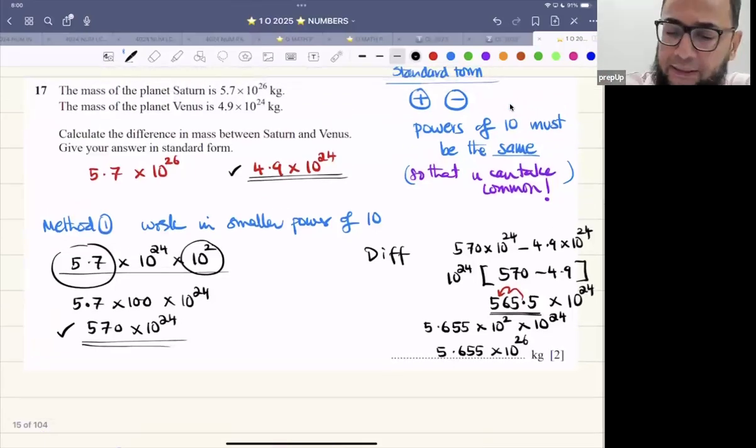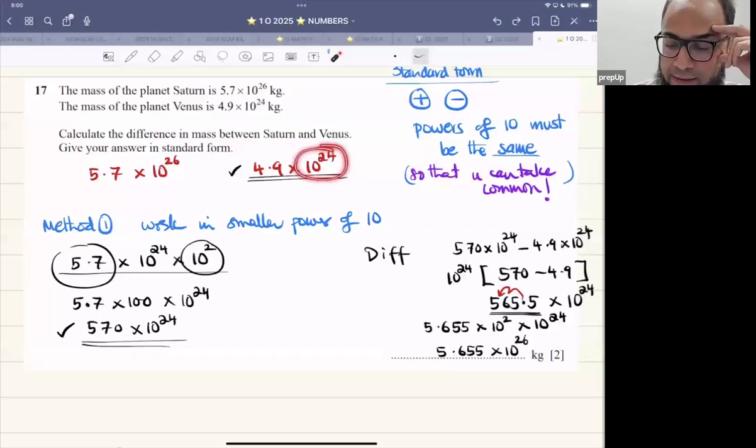Have a good look at this. Let me just remove my screen from here to here. Okay, now I hope you can see it more clearly. What have I done? I am working in smaller power of 10, so this remains as it is. This one was broken up, 26 is 24 plus 2. This 10 power 2 is 100.